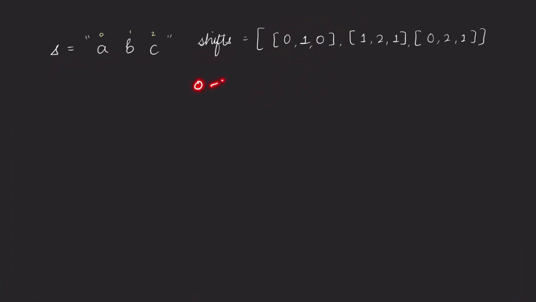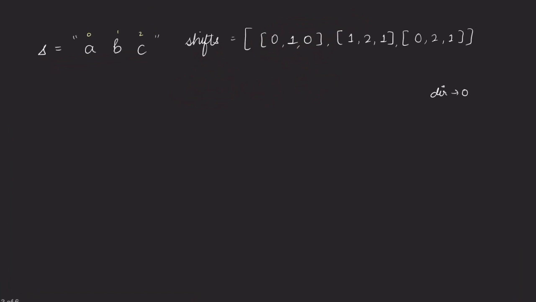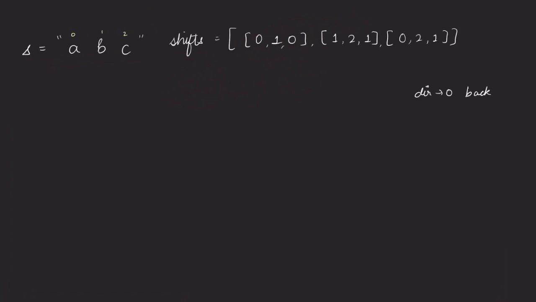So in the range from 0 to 1, we need to shift the characters forward or backward on the basis of this direction, right? If the direction is 0, then we need to move it backwards, and if the direction is 1, then we need to move it forward.